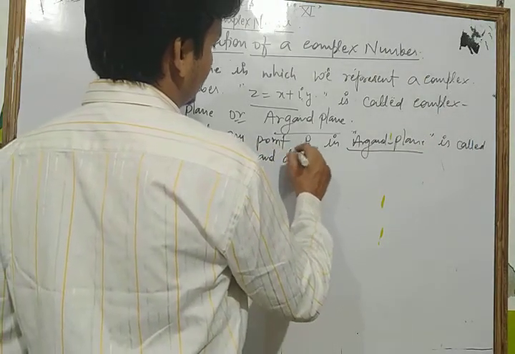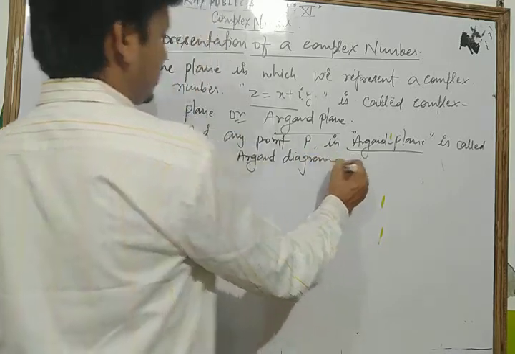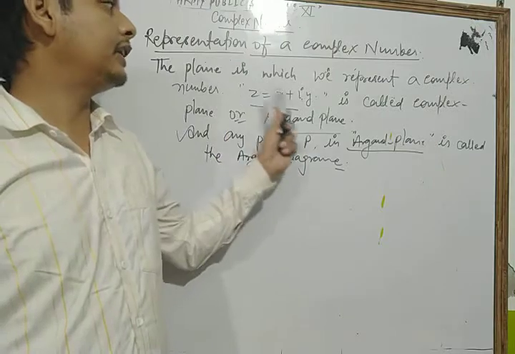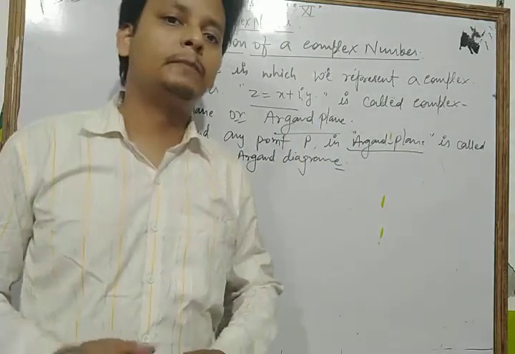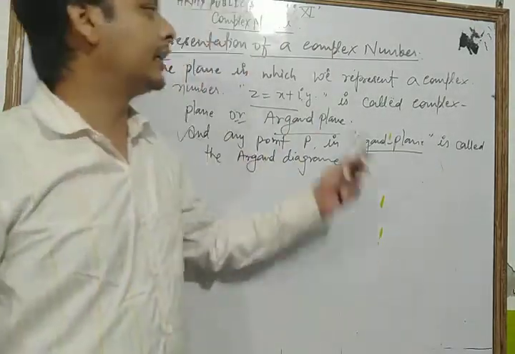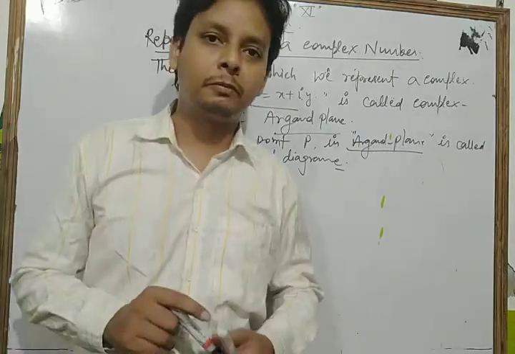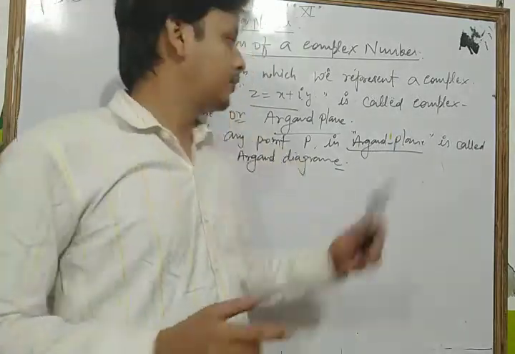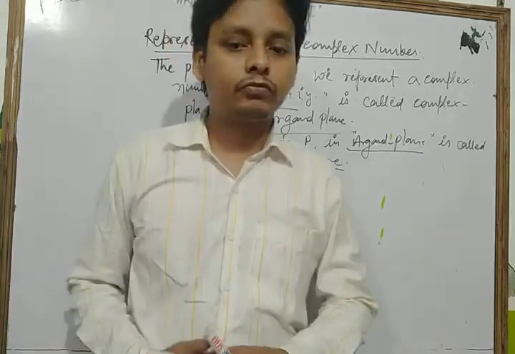So dear students, the plane in which we represent a complex number z is equal to x plus iy is called the complex plane or Argand plane, and any point P plotted in the Argand plane is called the Argand diagram.